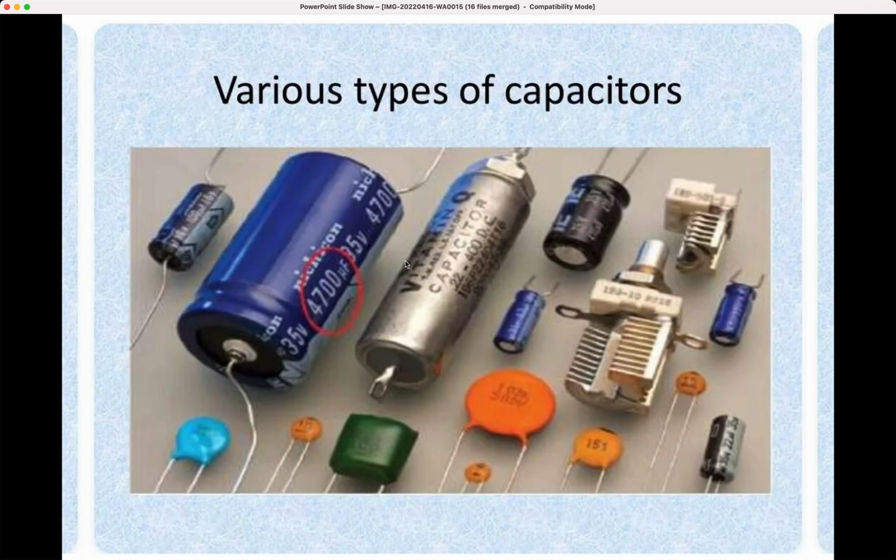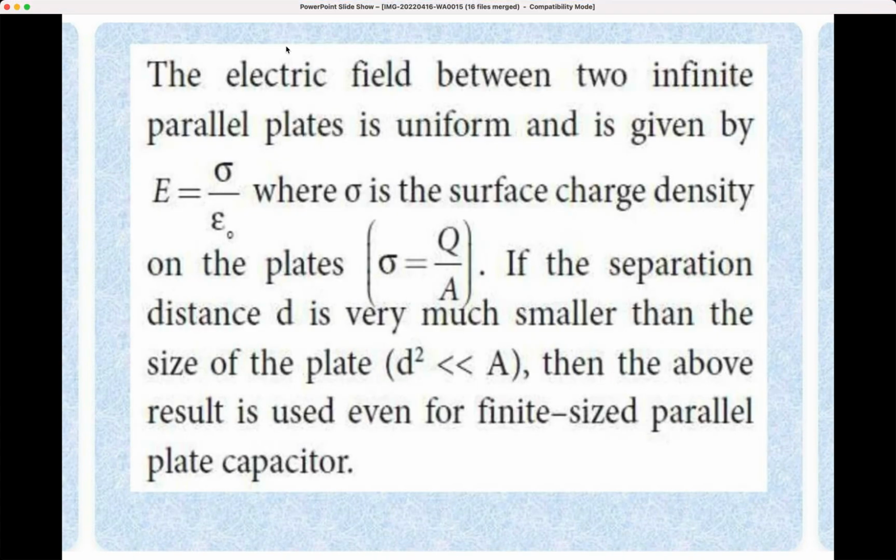For your reference, I have included various types of capacitor diagrams. Different types are there. Now, the electric field between two infinite parallel plates is uniform, as we said before. It is given by the formula E is equal to sigma by epsilon 0, where sigma is the surface charge density on the plates.